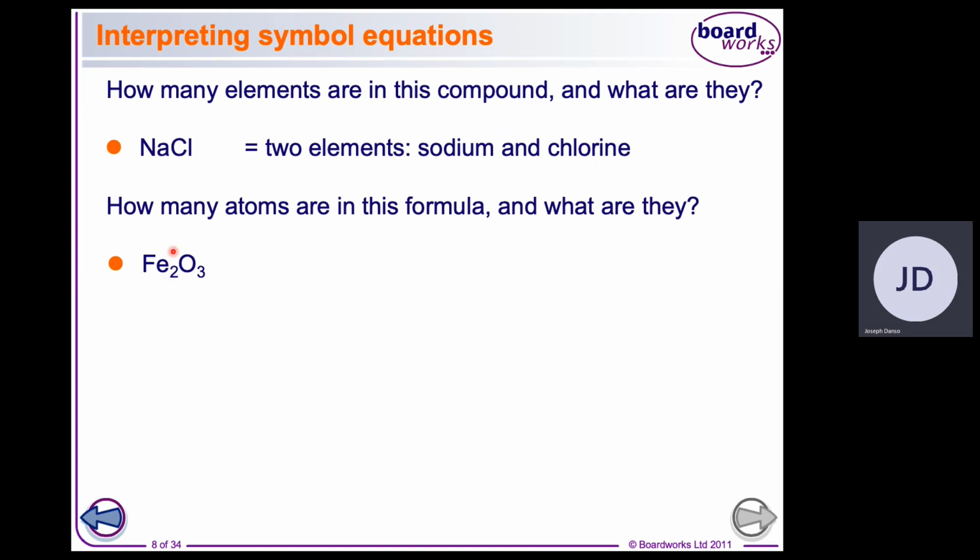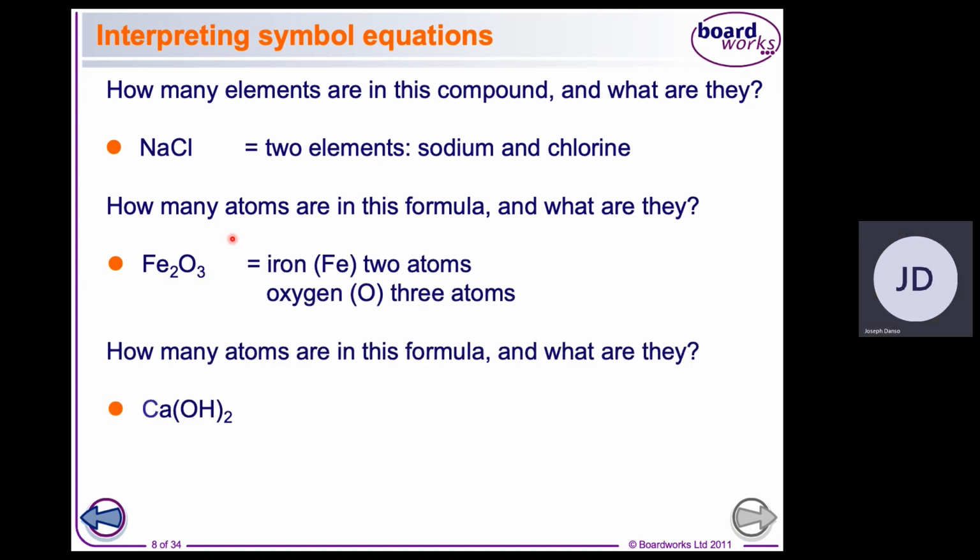Another example here, Fe2O3. How many elements are in this formula and what are those elements? Pause the video and have a go. Here we have iron and oxygen.